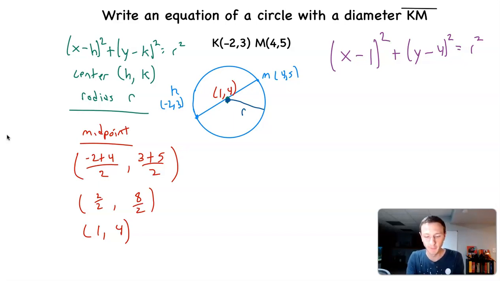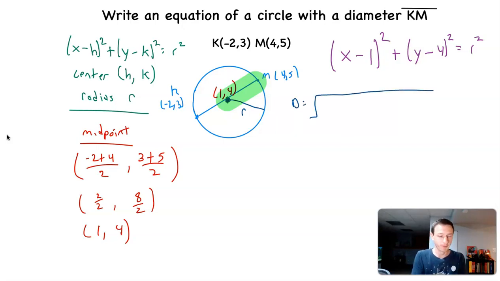So I'm just going to go from here to here. This is a good algebra review: we have the midpoint formula, the distance formula, a lot of formulas being thrown at us.